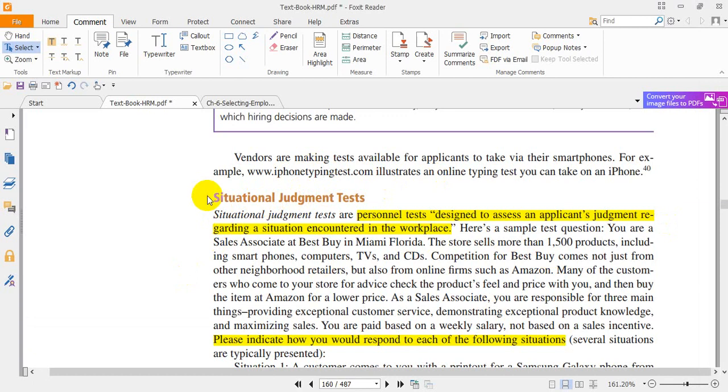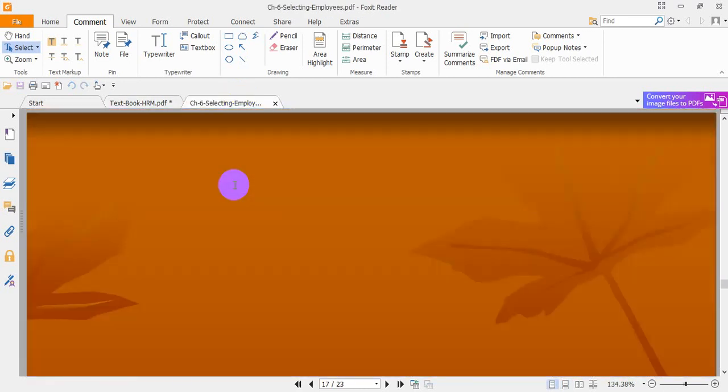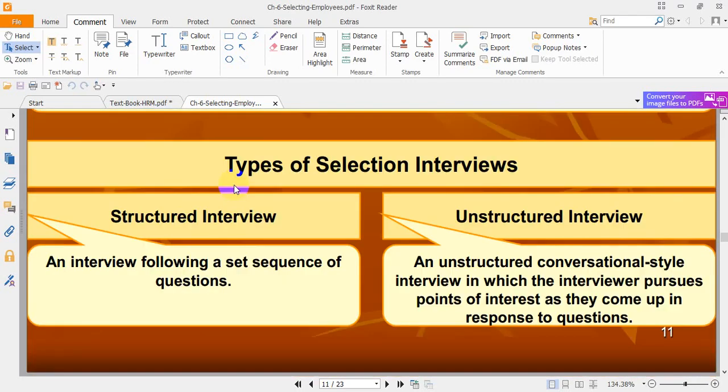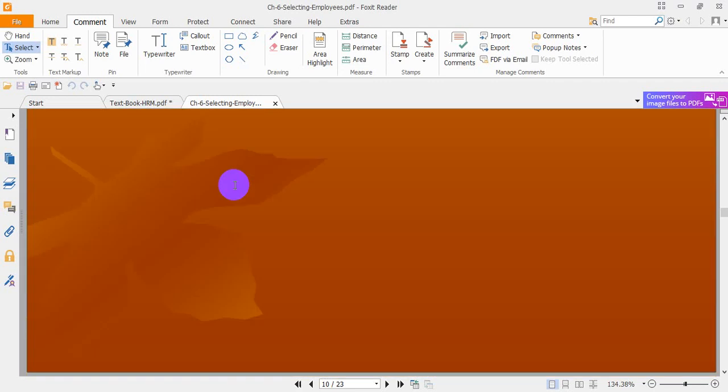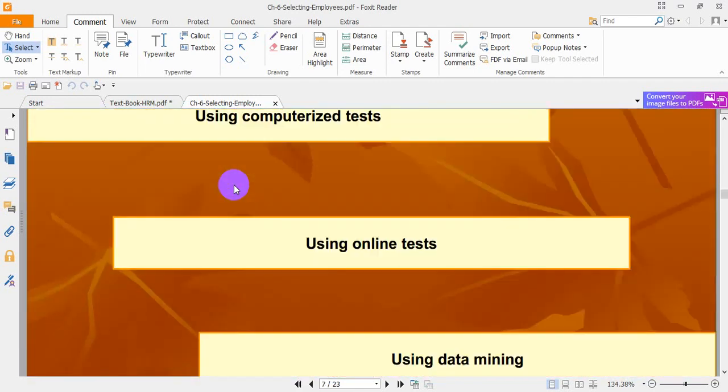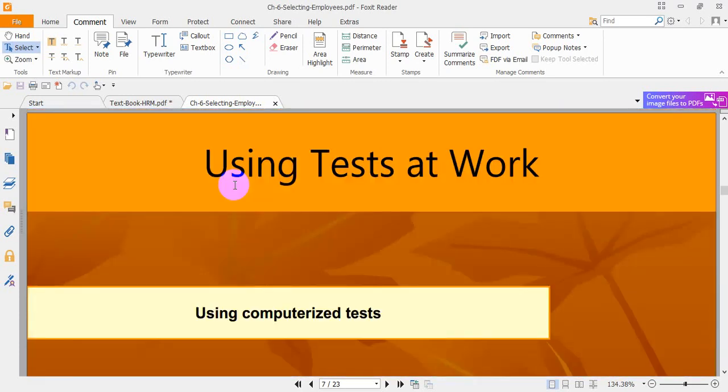Dear students, in this presentation I will be continuing to explain the types of selection tests. In the previous presentation we explained many types we can use in the selecting process.